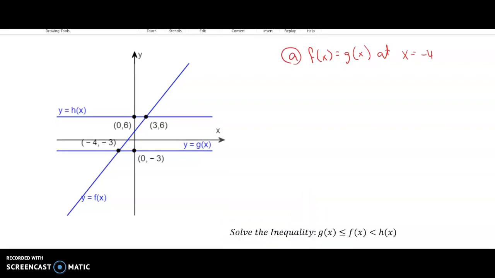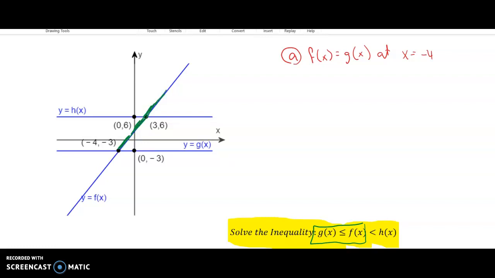That'll be our answer. Now we're going to solve the inequality: g of x is less than or equal to f of x, which is less than h of x. So f of x is greater than or equal to g of x, but f of x is less than h of x. First, where is f of x greater than or equal to g of x? I'm looking at my f of x and seeing what outputs are greater than or equal to g of x, and I'm going to highlight that.